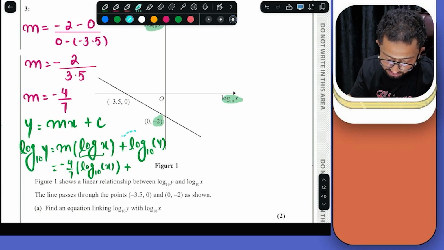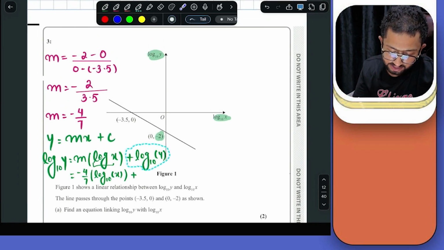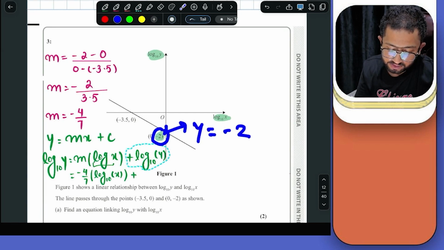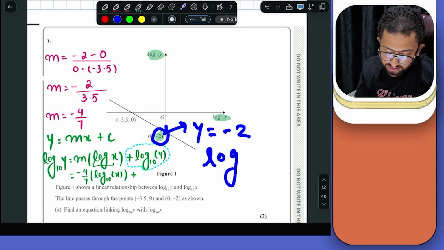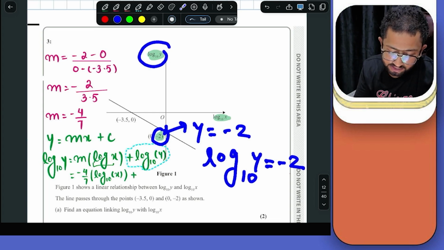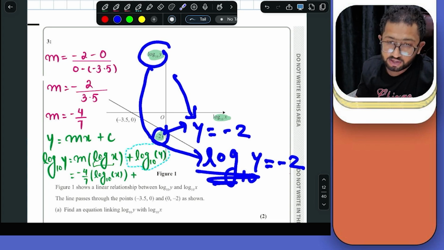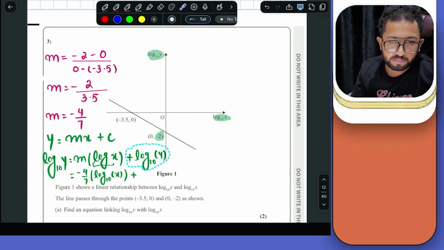I already told you, be careful. This is your plus c actually. But c is now not the y value. C is actually the log of the y value, because the y-axis quantity is not y. The y-axis quantity is log y. So it should be considered completely.